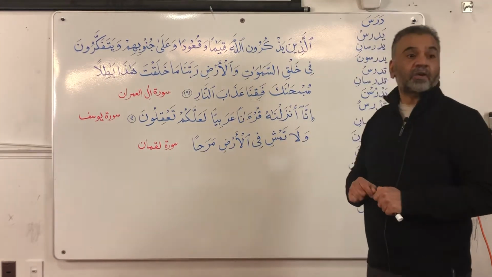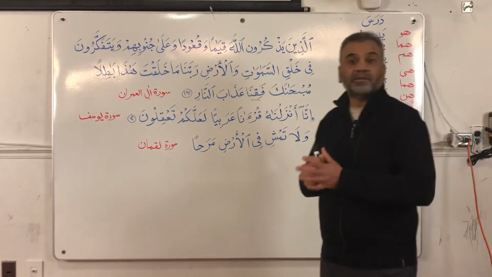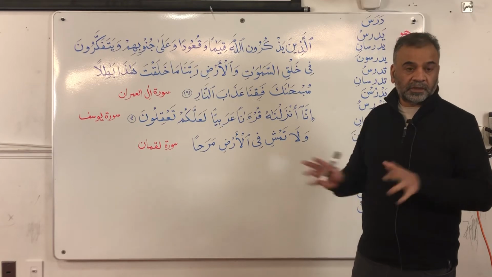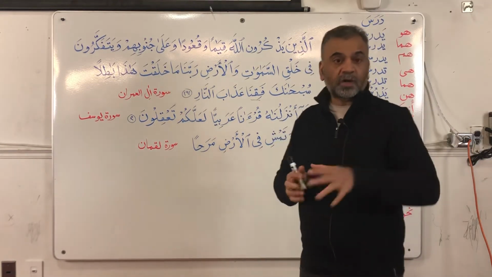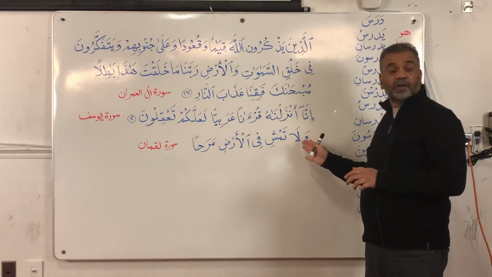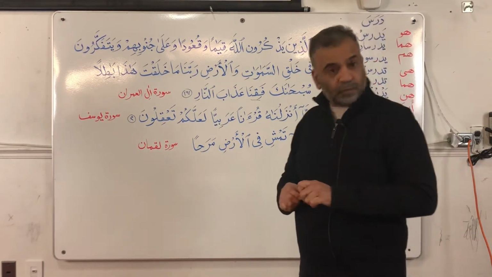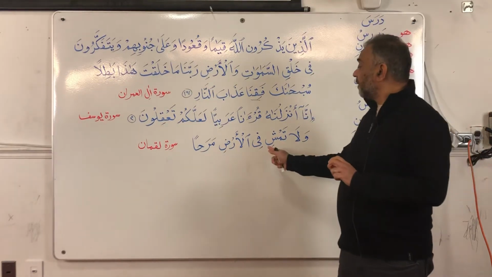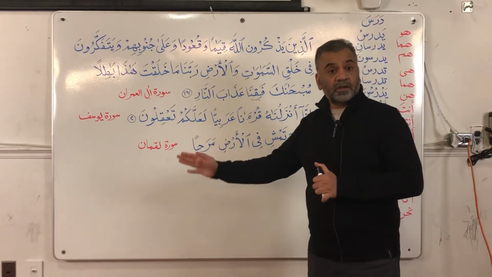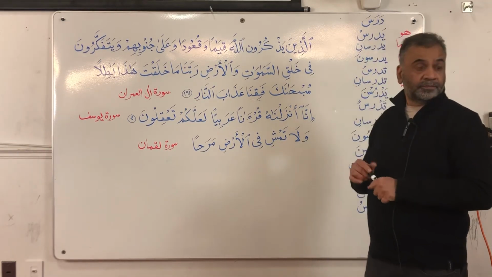The next one is from Surah Luqman. Wala tamshi, and do not walk. Tamshi means you do not walk. Waw is ataf, la harfu nafi, tamshi is your fi'l mudari. Fi harf jar, and do not walk in the earth or on the earth, ism majroor.